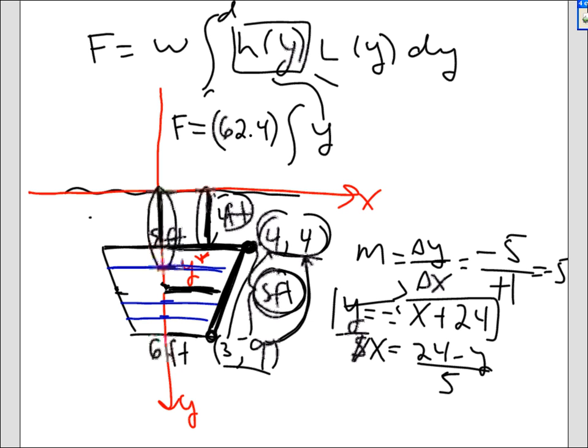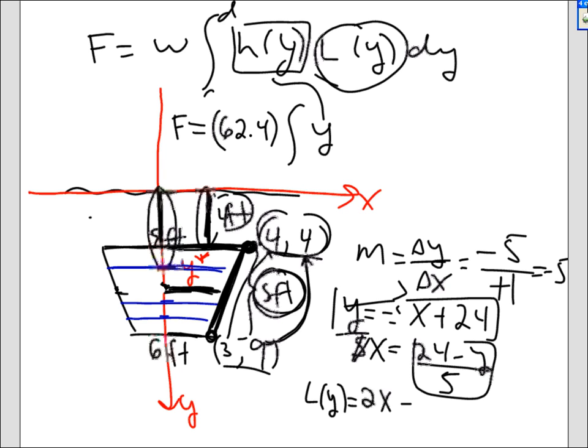Now remember, the horizontal distance, or the length, I call L. L of y is twice x. It's 2 times 24 minus y over 5.